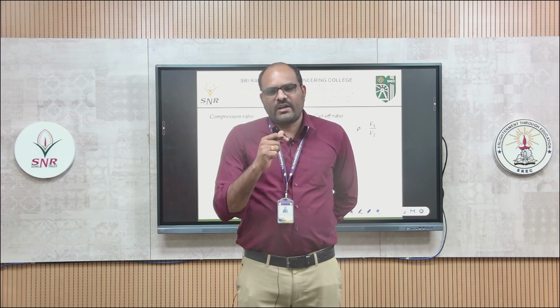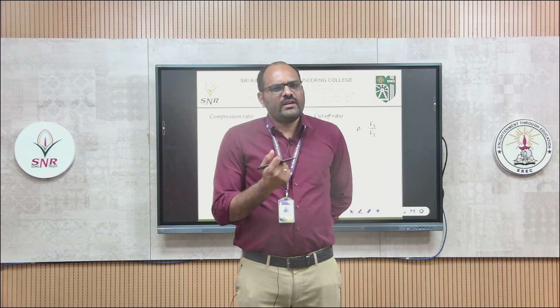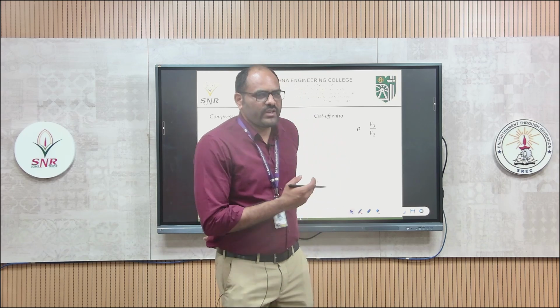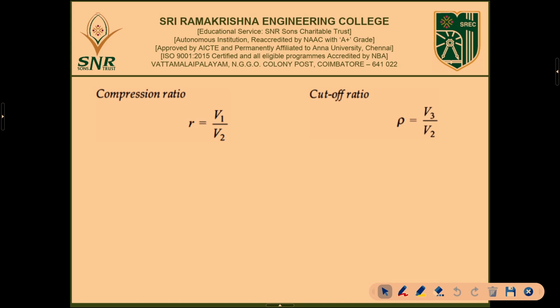At the end of compression, whatever volume is left in the cylinder is the clearance volume, V2. So the cutoff ratio rho is V3 by V2, the volume after combustion divided by the volume after compression.